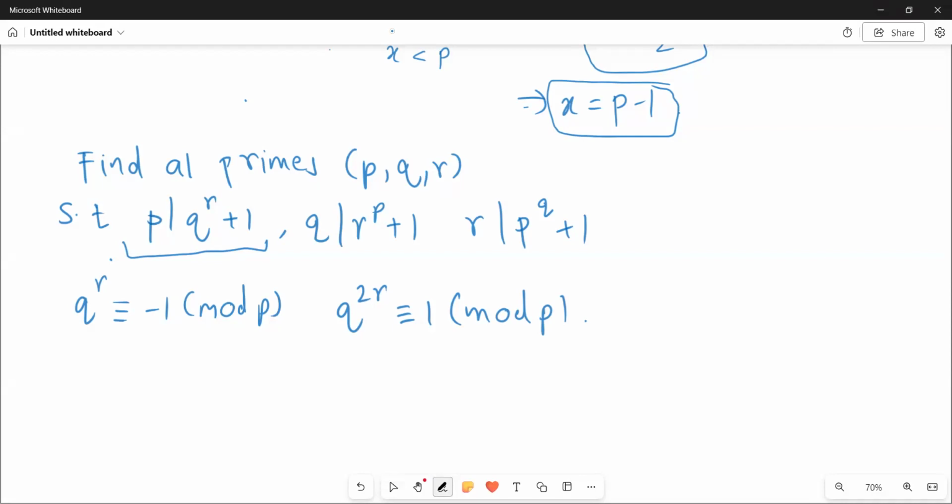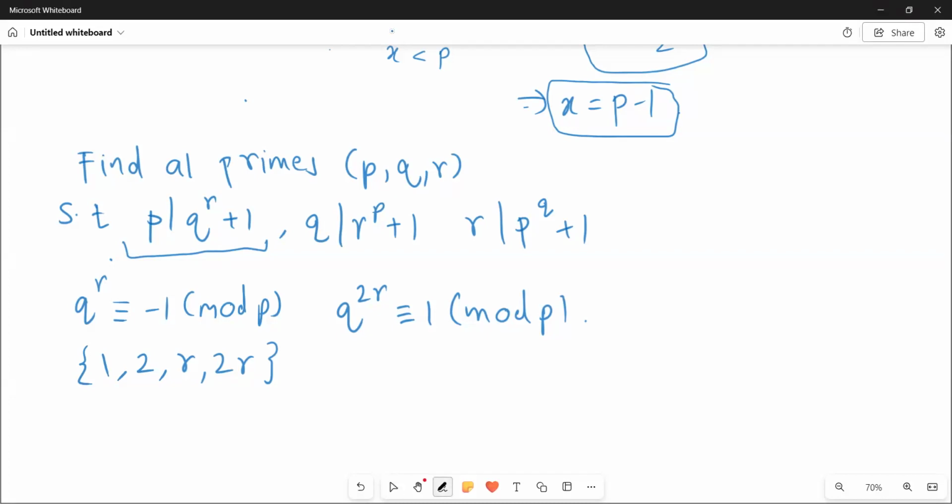It has to be 2r. So the order is something among 1, 2, r or 2r, right? Because the order has to divide 2r and r is a prime. The order can't be 1 clearly, otherwise q to the power r will also be congruent to 1.